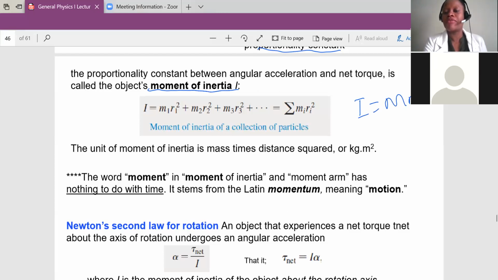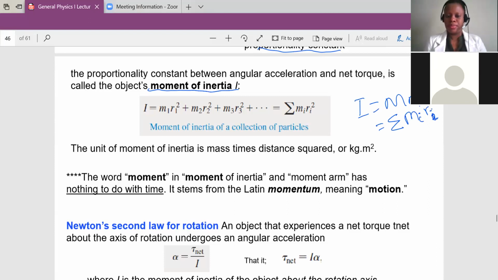Okay, so for multiple particles, it's going to give us I equal to the summation of mi ri squared, where i stands for the number of particles you are analyzing.